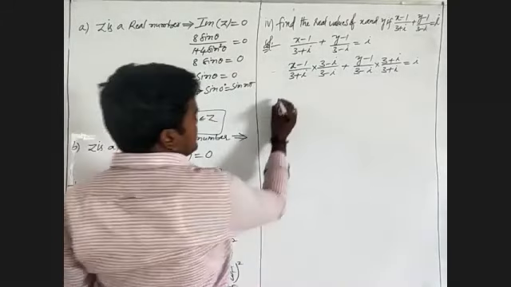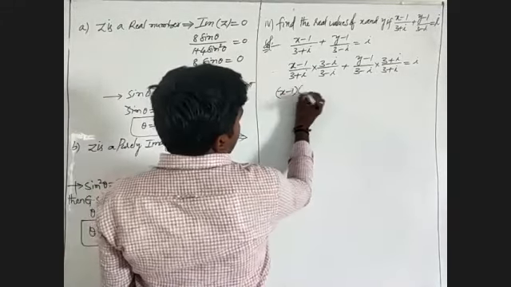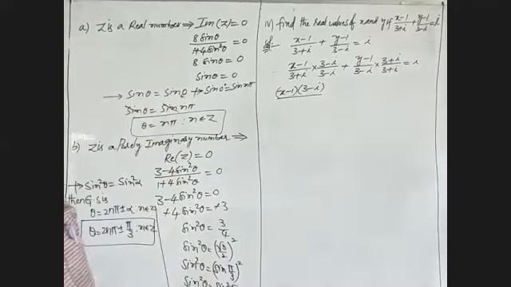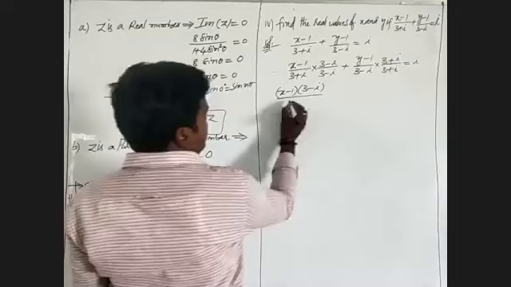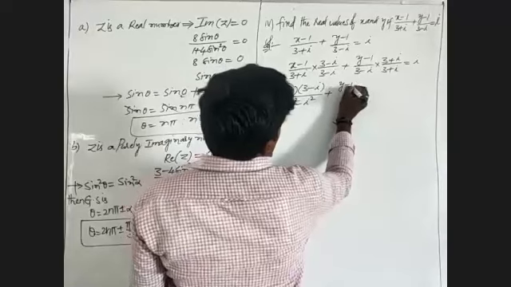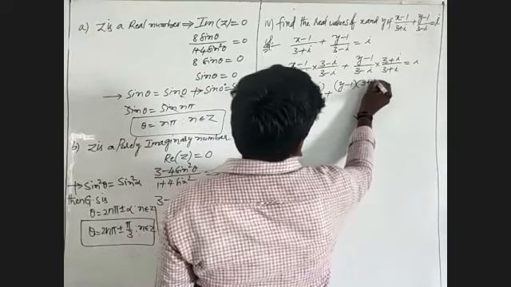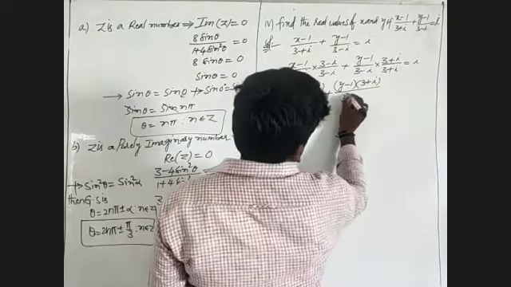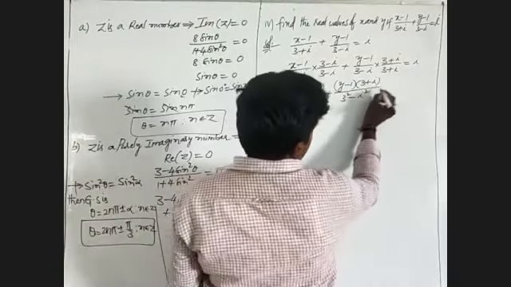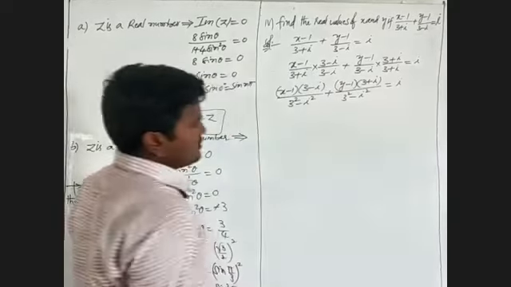Here we write x minus 1 into 3 minus i by, as the denominator is of the form a plus b into a minus b, 3 square minus i square, plus y minus 1 into 3 plus i by, again of the form a square minus b square, 3 square minus i square, equal to i.